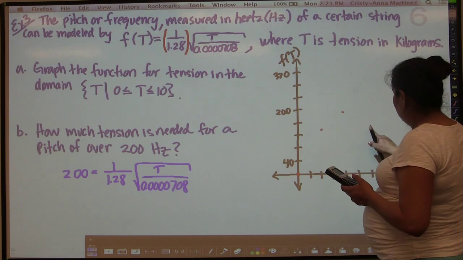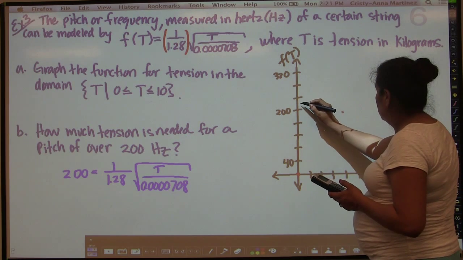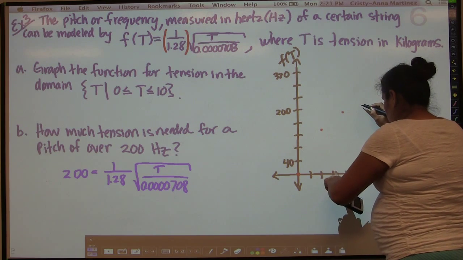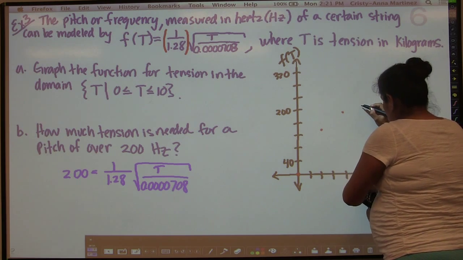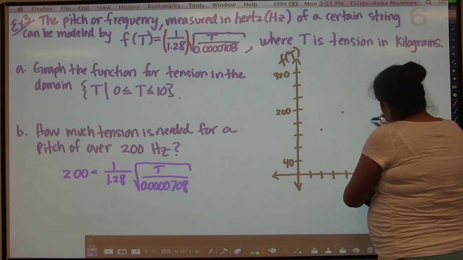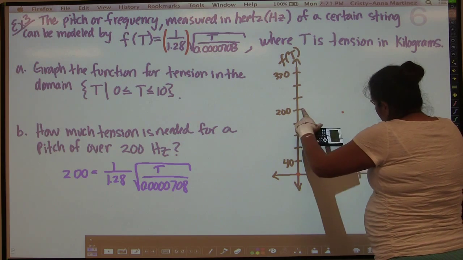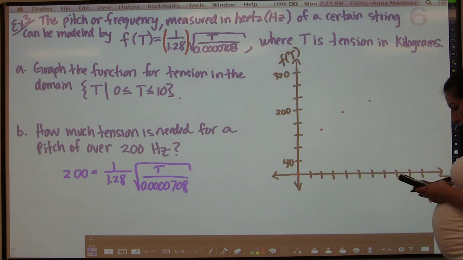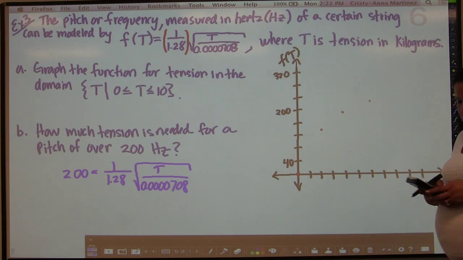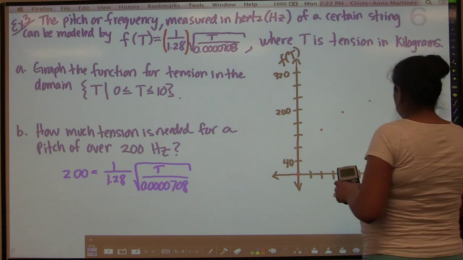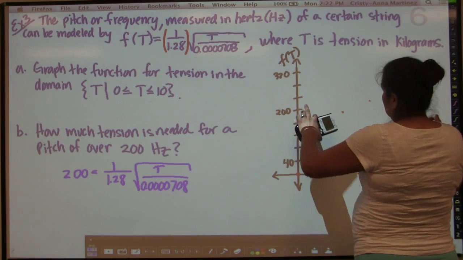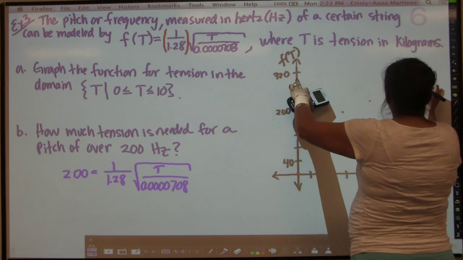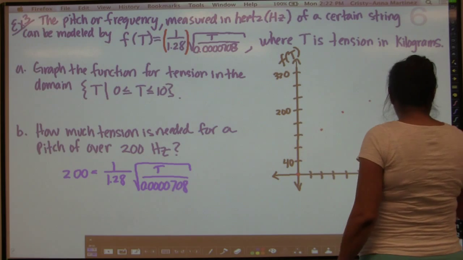So 227 is going to be maybe 2, 4, 6, so probably right about here. And then let's just go all the way to 10. We'll be almost 300, 293. At 10, we'll be at 293, so something like that.